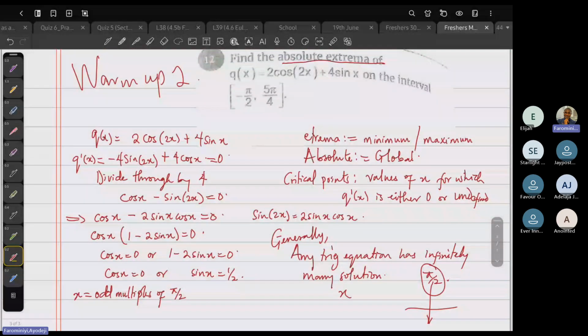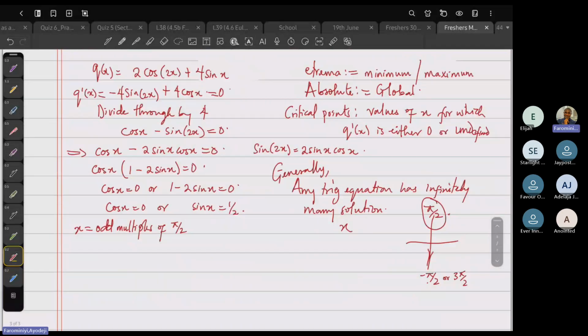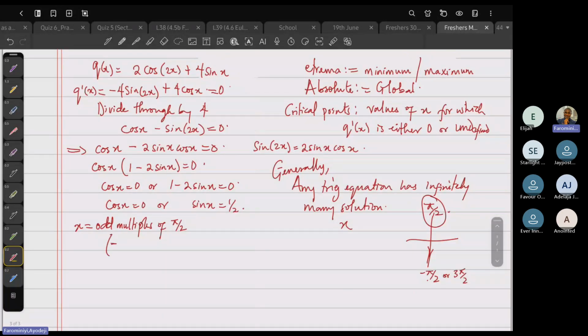What we are given is between negative pi over 2 and 5 pi over 4. So it means the ones that we are going to care about is negative pi over 2, pi over 2. After pi over 2, which one follows? 3 pi over 2.